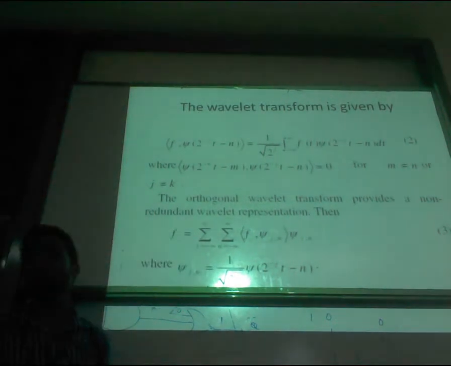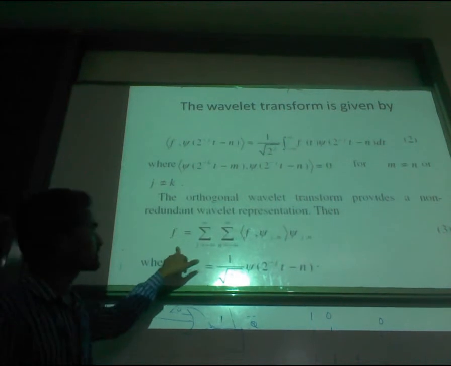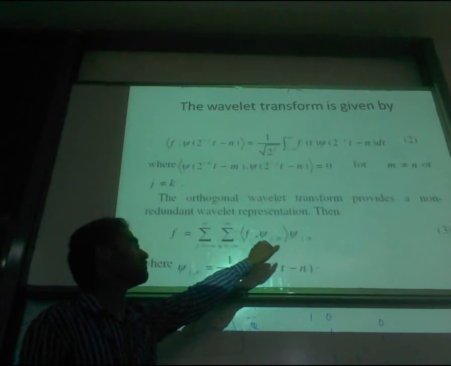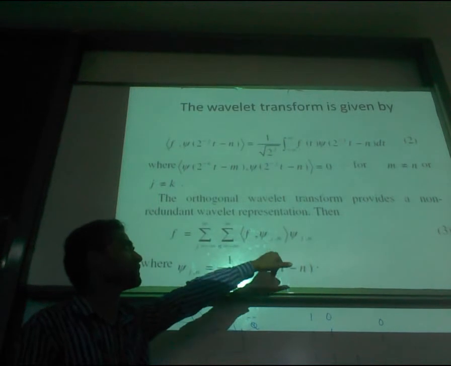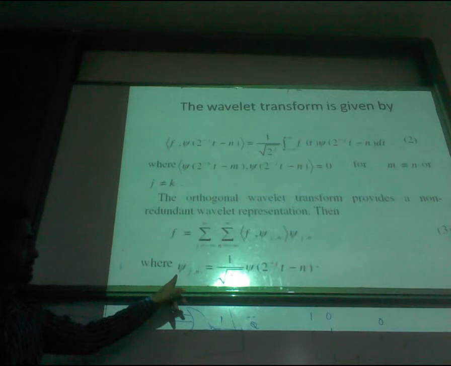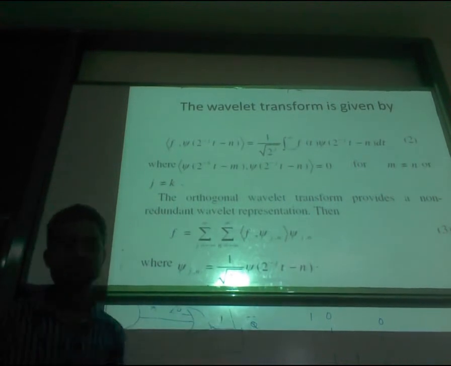The orthogonal expansion of this wavelet transformation is given by this equation: the function f is the summation of f of psi of jn into psi of jn, where psi of jn is this function.